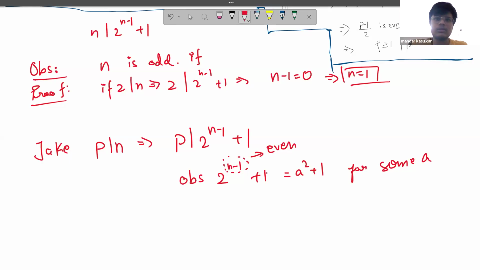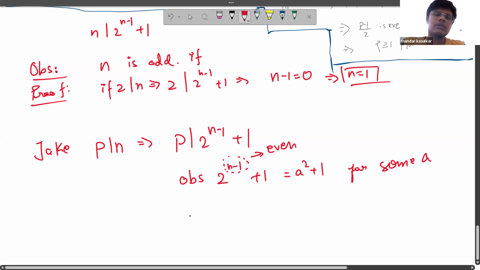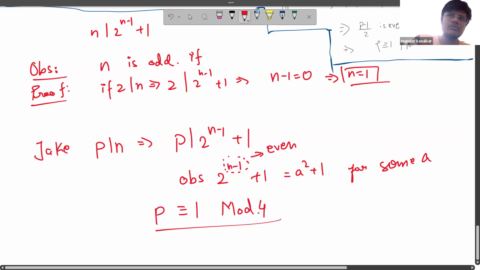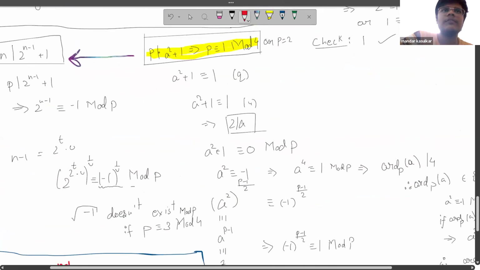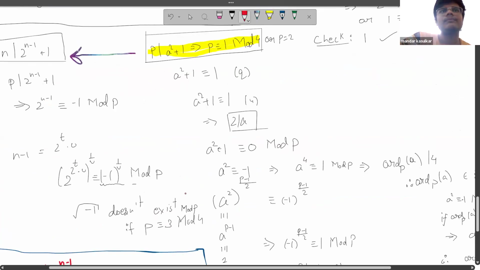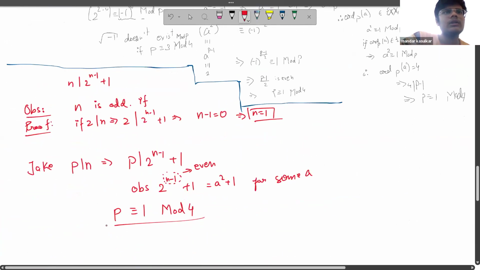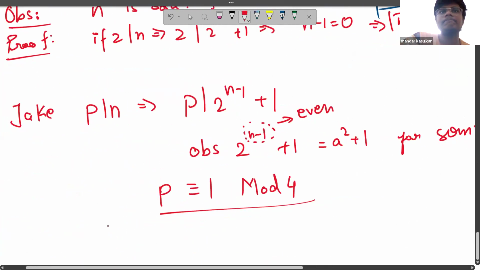So this gives us that the prime P is congruent to 1 modulo 4. Is this clear why this is true? Like, this is just applying this lemma we proved earlier. This is clear, right?